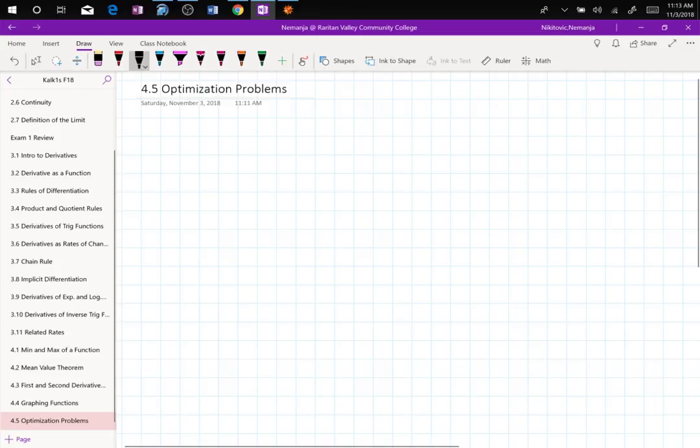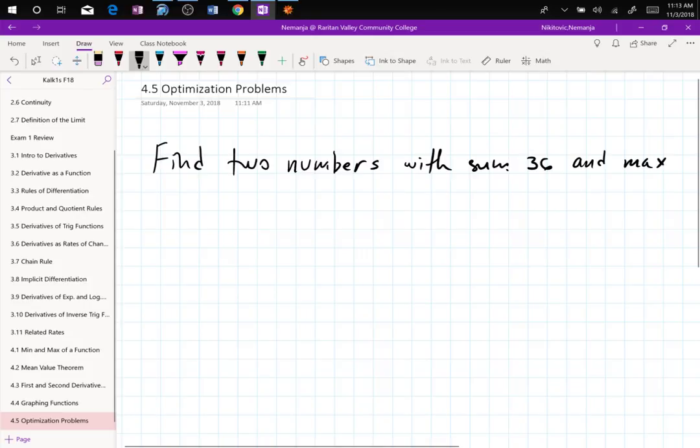Say, find two numbers with sum 36 and maximum product.